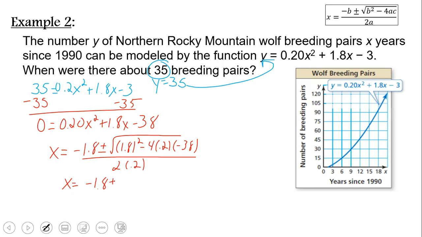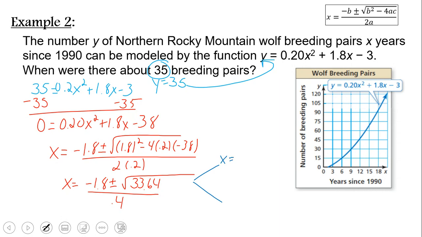Got to use a calculator here, no other choice. Inside my square root, what I end up getting is 1.8 squared minus 4 times 0.2 times negative 38. I end up getting an answer of 33.64 inside the root. And this is all over 2 times 0.2, which is going to be 0.4. Again, I have to use my calculator to get my two solutions.